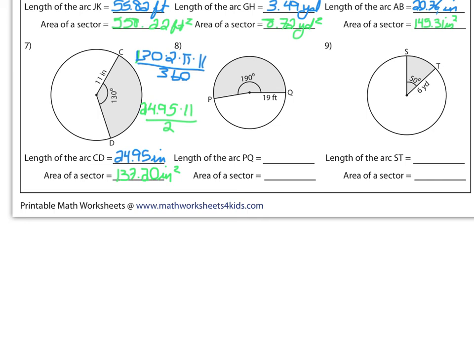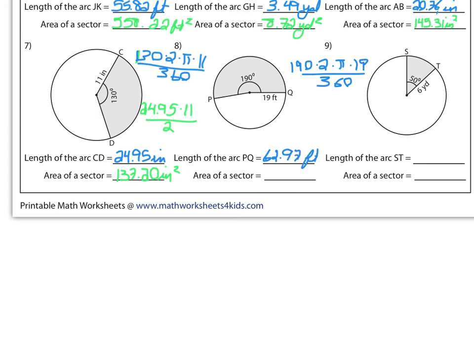Okay, so now we're going to move on to the next one. Do your angle times 2 times pi times radius all over 360. Therefore, this is 62.97 feet when you plug it in your calculator.